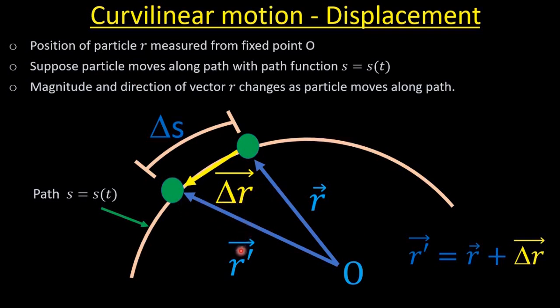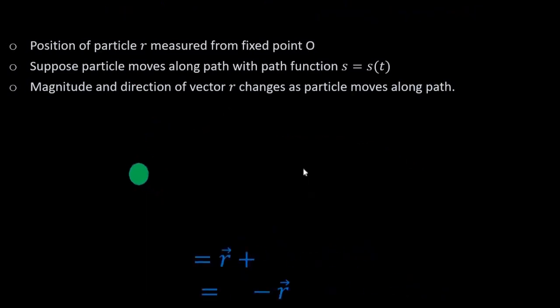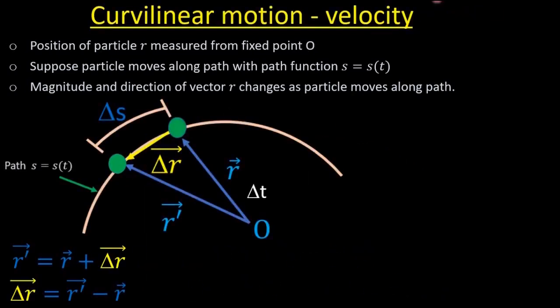Or if we want to find the difference in position, so if we want to find delta r, we just do r prime minus r. So now let's talk about velocity. When the particle moves from position r to position r prime in a time delta t, we can use that information to find the average velocity. That is shown by this equation here.